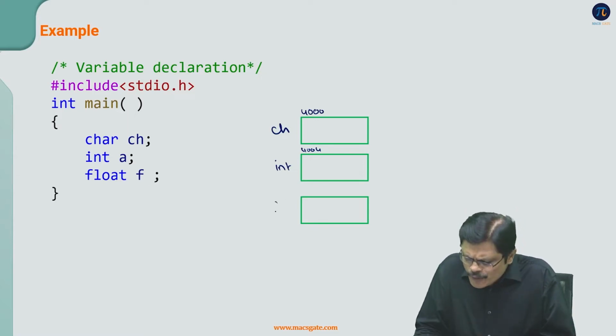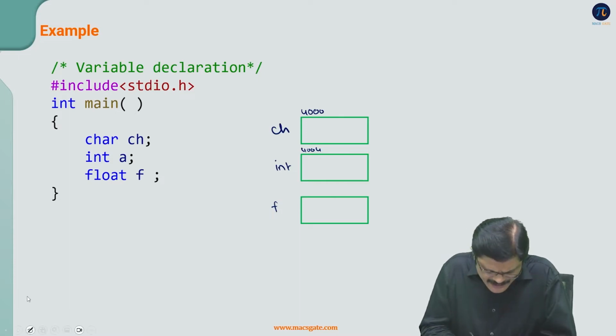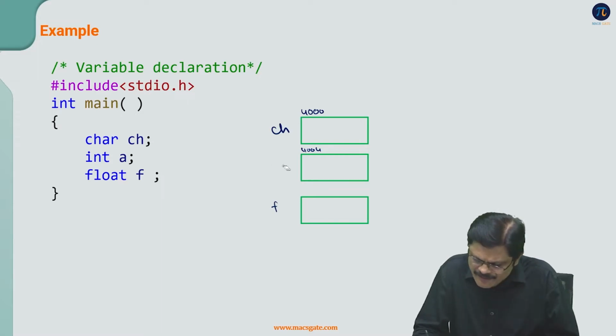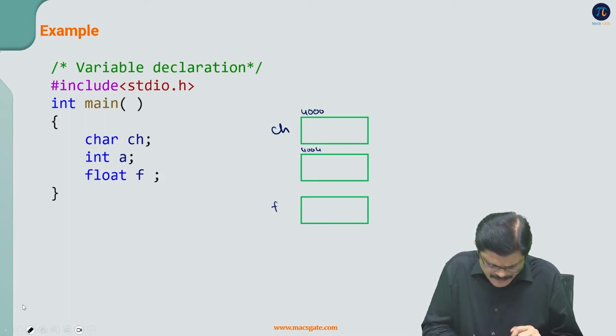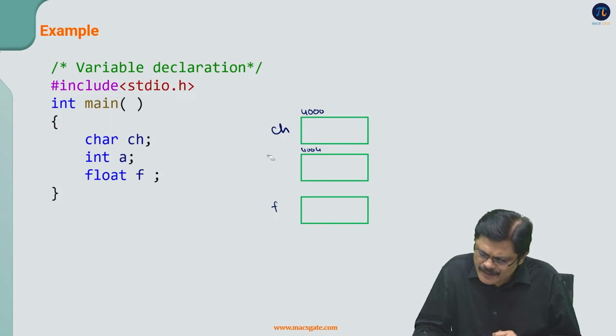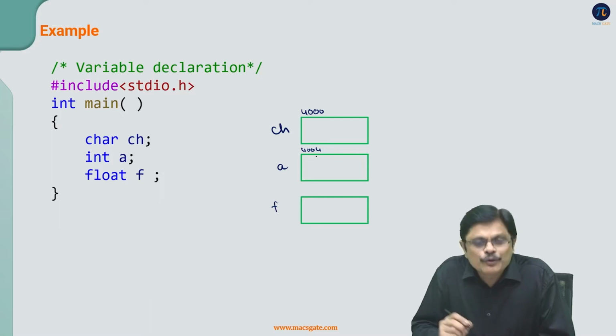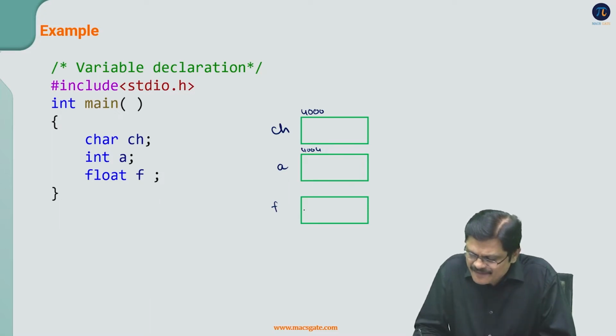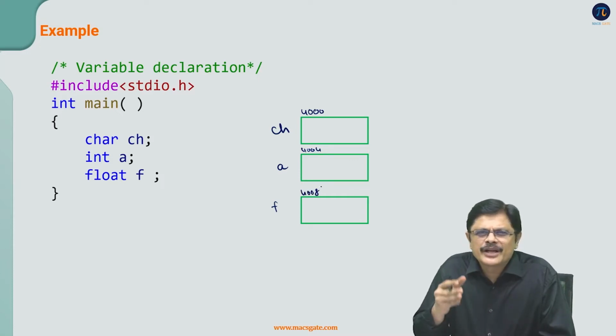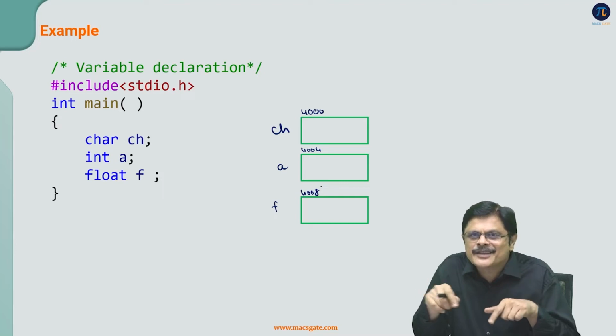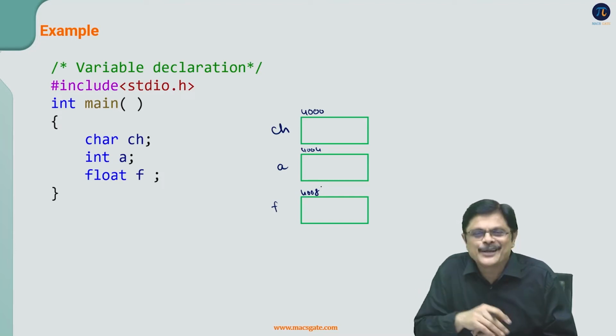The name of the variable is f. Suppose it is taking 4008 onwards, 4 bytes, 4008, 4009, 4010, 4011, but the address of the variable f is 4008 only.